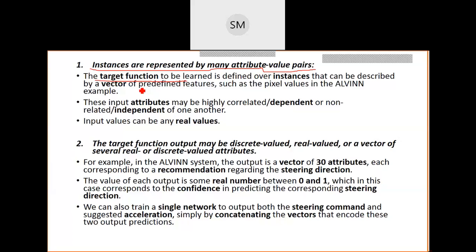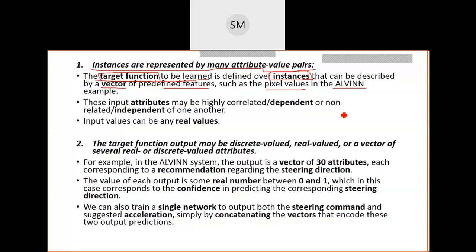That target function is defined over many examples and is represented in the form of a vector, a vector of some features. In our example, the pixel values, in our autonomous system, the ALVINN system.